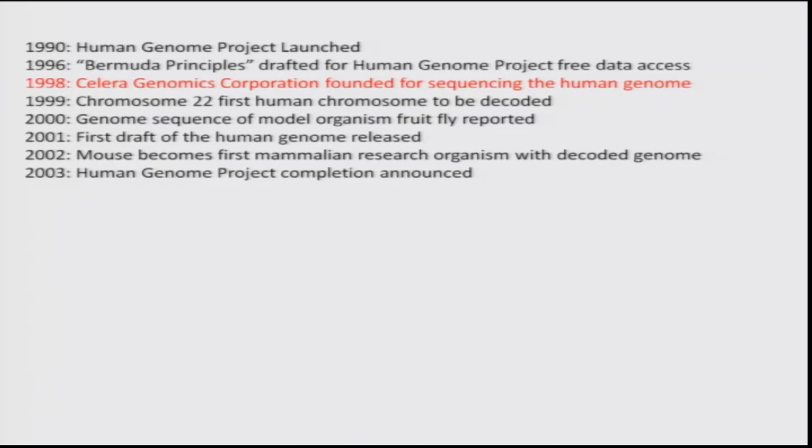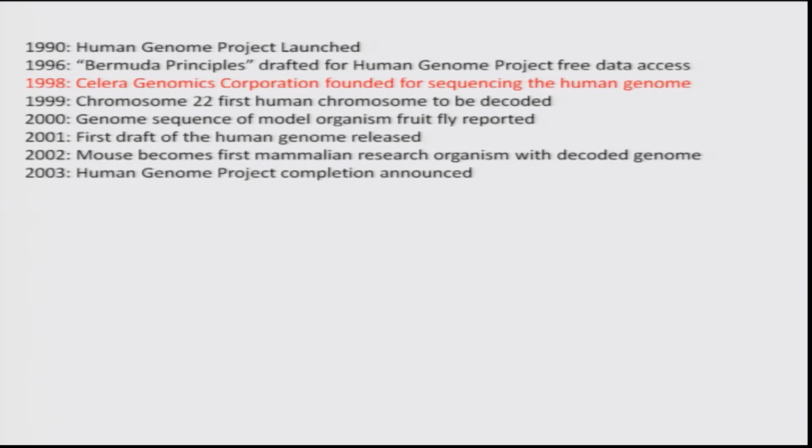In 1998, one of the famous researchers launched a commercial company called Celera Genomics, and they said that they would finish the human genome faster than the Six Nation Consortium, and they went with an altogether different approach for sequencing the DNA, with heavy usage of computers, which we will talk about a little later.